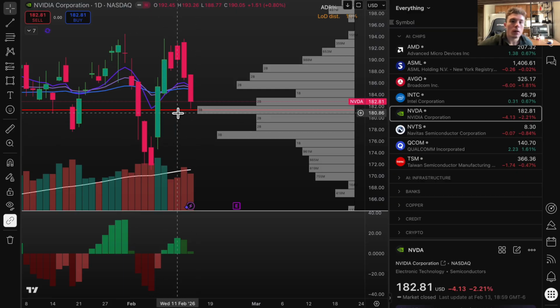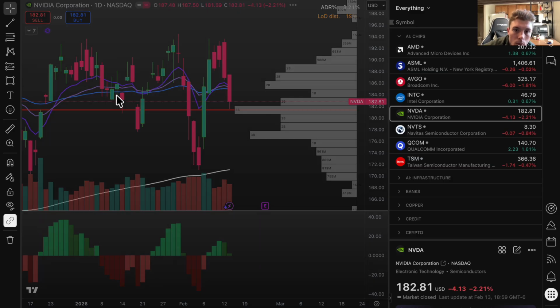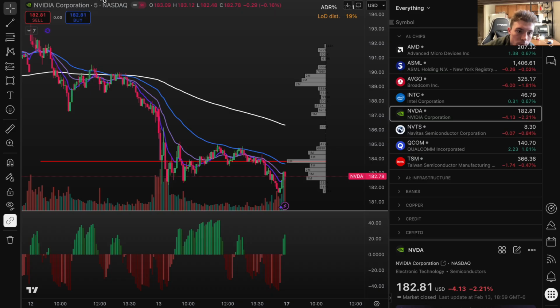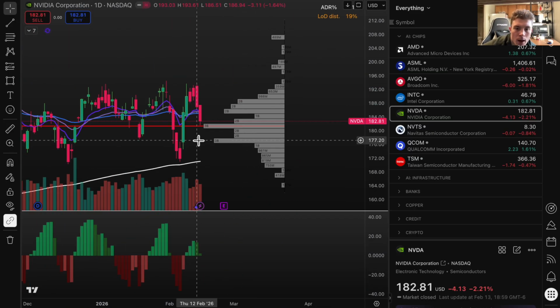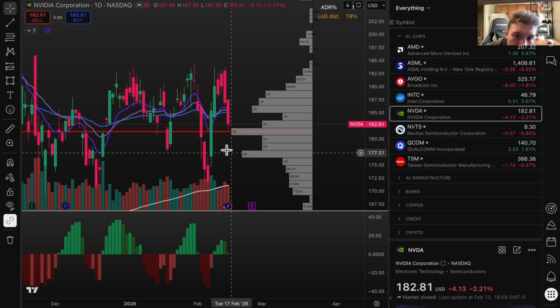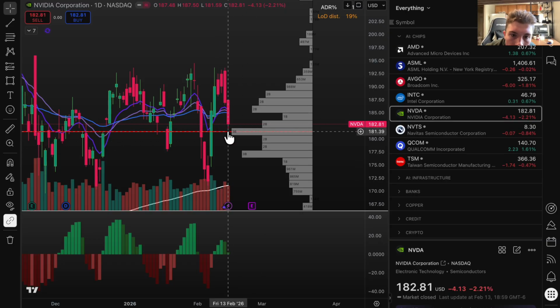Say, for example, I get here. This could be an example trade. Set alert right here. Well, what level is this at? 181.50.